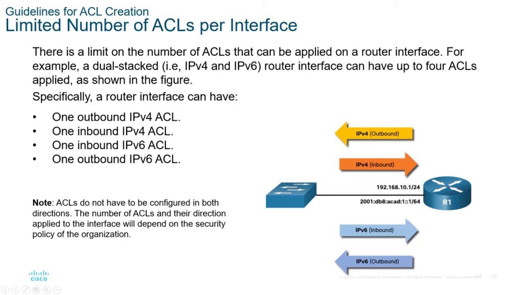Think of it as you can only have 4 total firewalls per interface, which is way more than you would probably need anyway. But within each of those firewalls, you can have essentially as many firewall rules as you want. So you can apply, say, 100 plus firewall rules all on a single firewall.